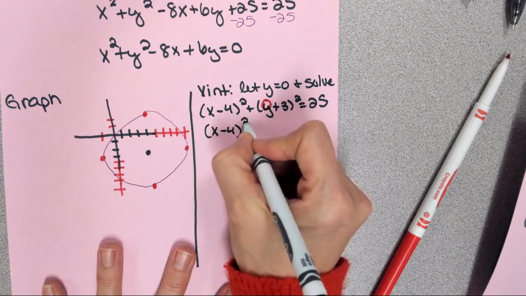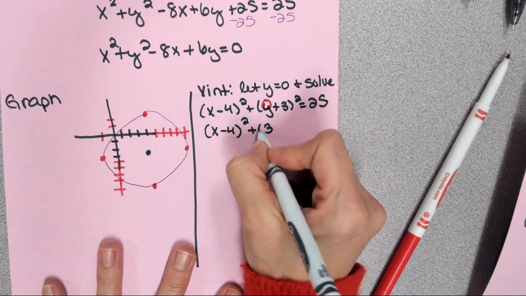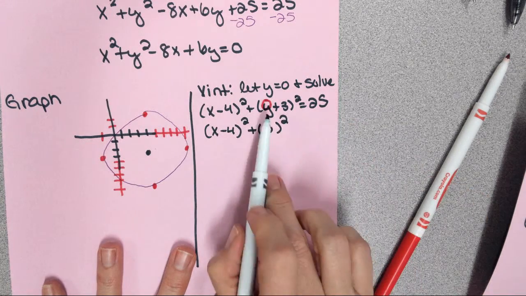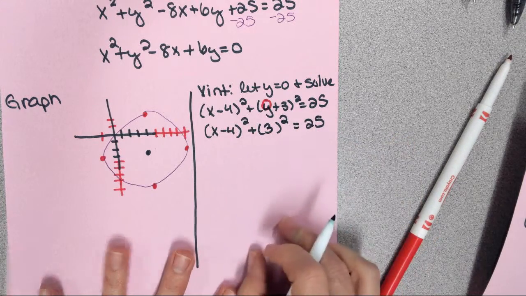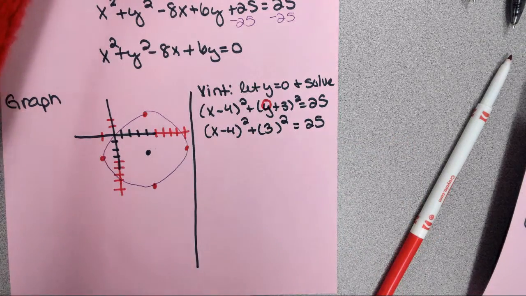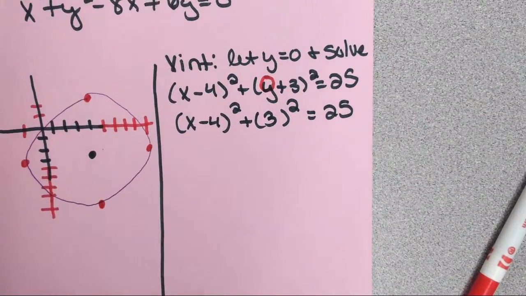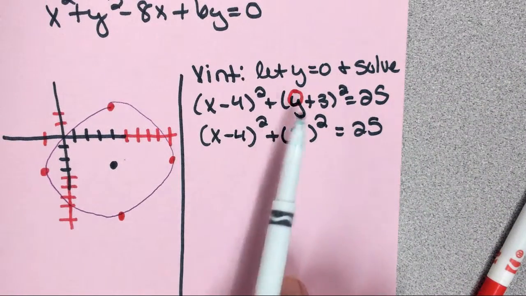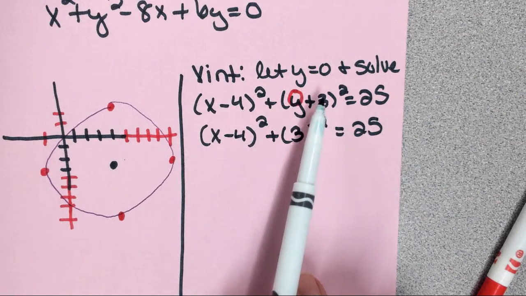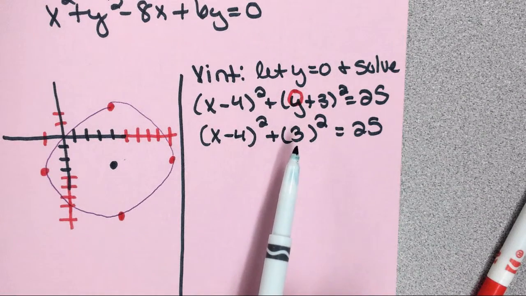So I have (x minus 4) squared plus 3 squared, because 0 plus 3 is 3, equals 25. Okay, I'm going to let you process that for a second and see if you have a question. Wherever the y was, I put a 0, and 0 plus 3 is 3.